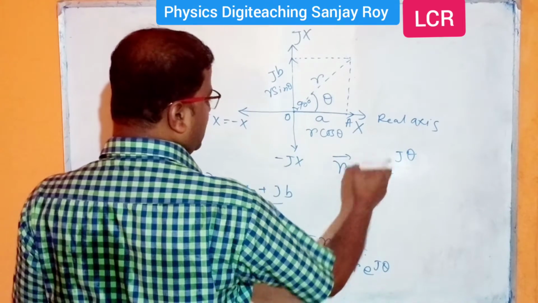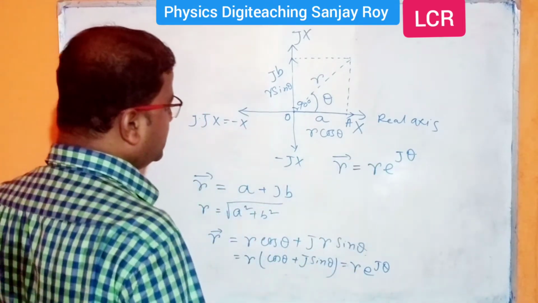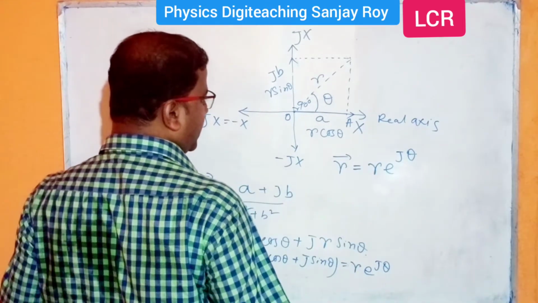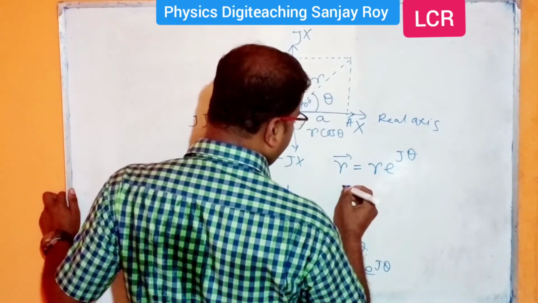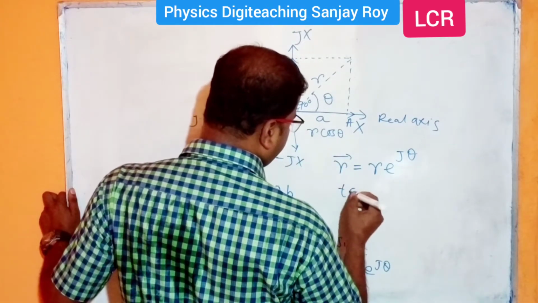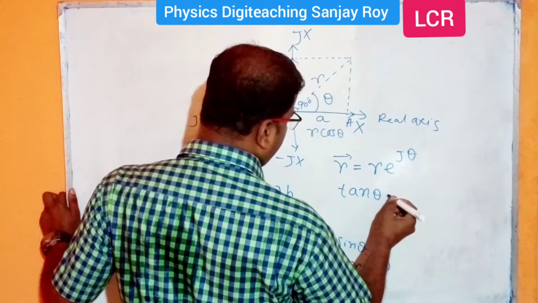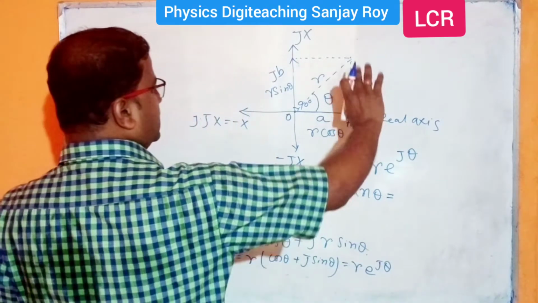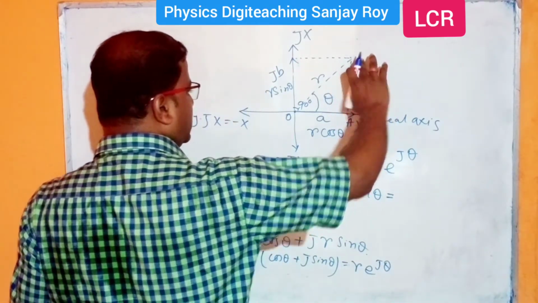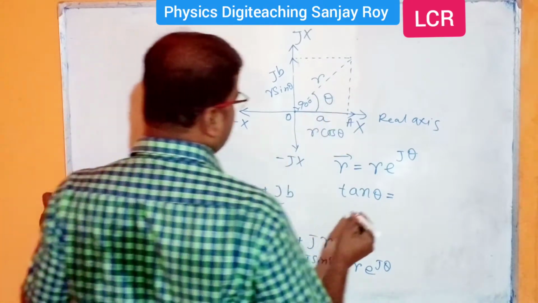Here R is the modulus or magnitude of the vector R, and theta can be defined as tan theta equal to perpendicular by base.